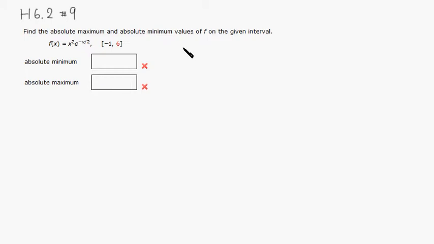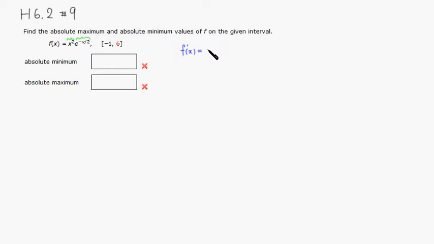So f prime of x is equal to, you have two things multiplied together, x squared and e to the negative x over 2.